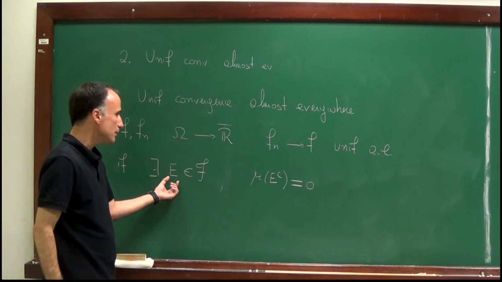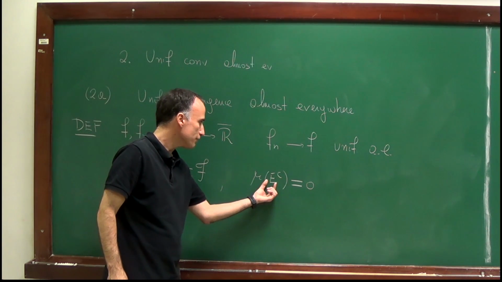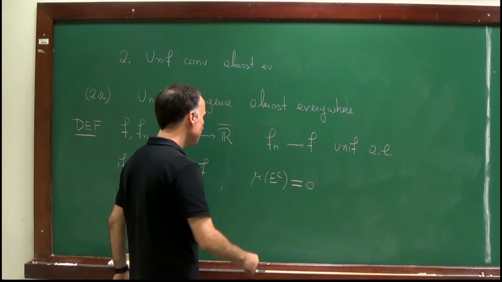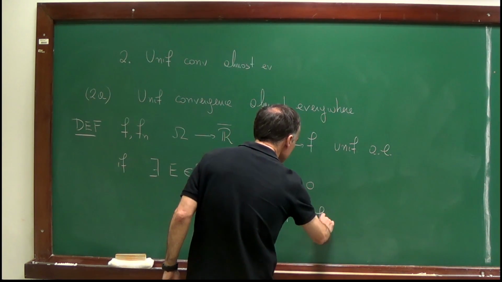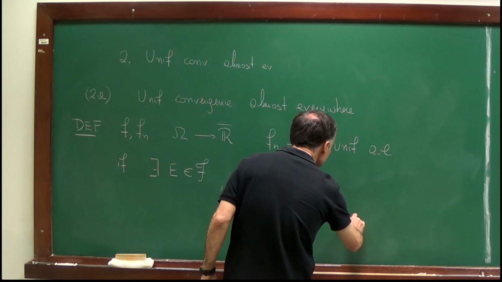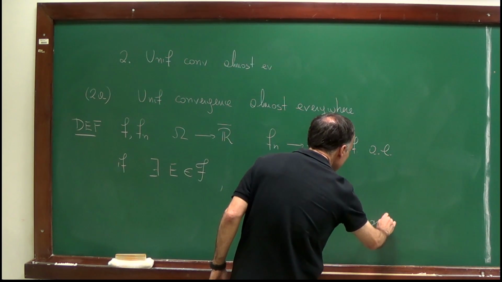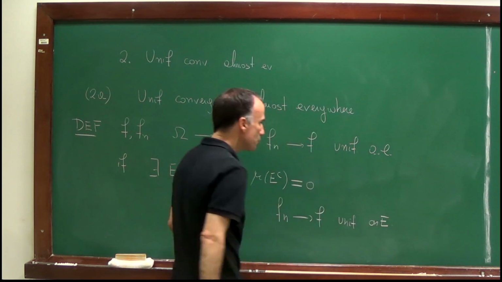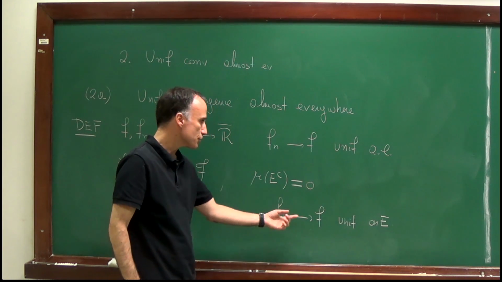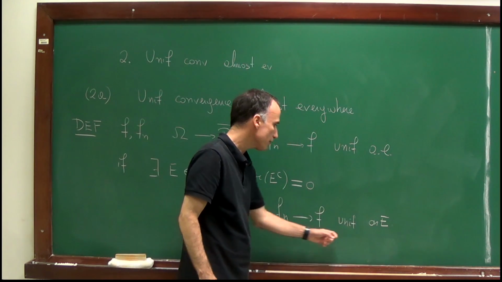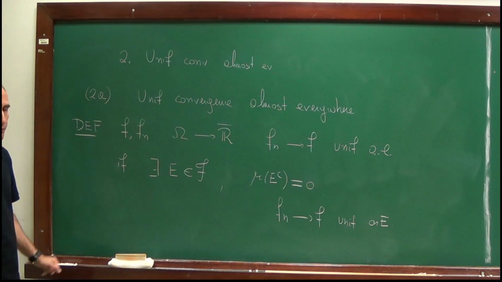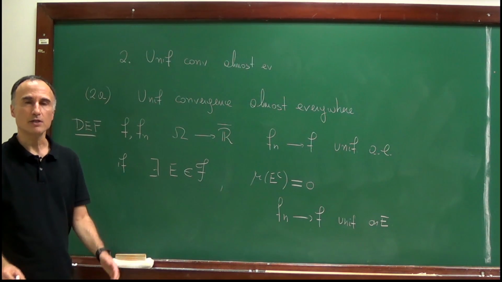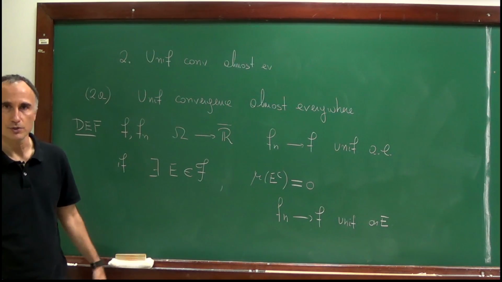So we have a set E, the complement of this set E has measure 0, and f_n converges to f uniformly on E. Which means that if we restrict these functions to the set E, we have uniform convergence. So this is a definition, and we will now investigate some properties of this convergence.